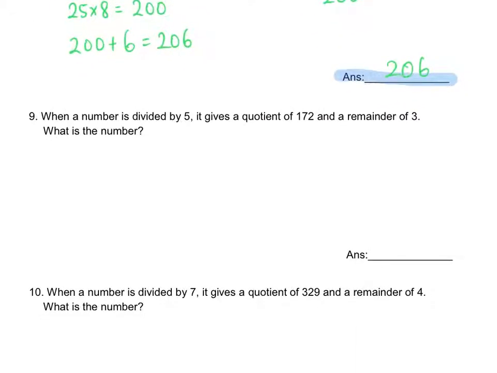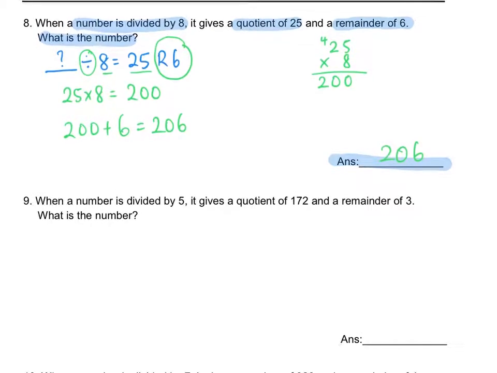For question number 9, it's very similar to question number 8. So let's try to understand the question first. When a number is divided by 5, it gives a quotient of 172 and a remainder of 3. What's the number? So same thing, let's try to write down what we understand from the question.